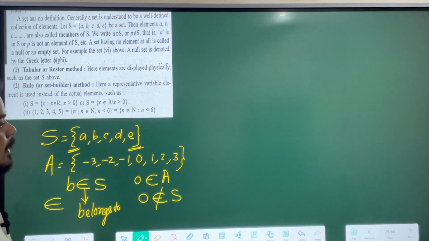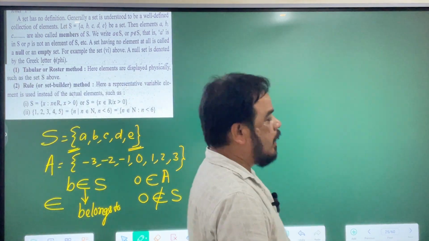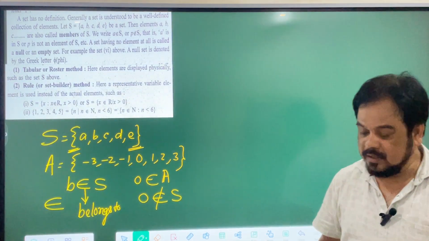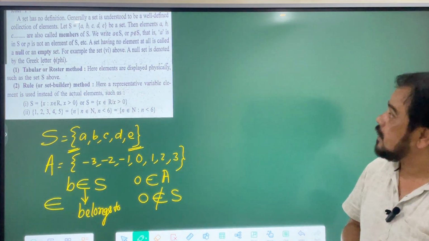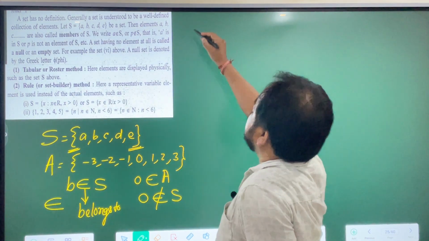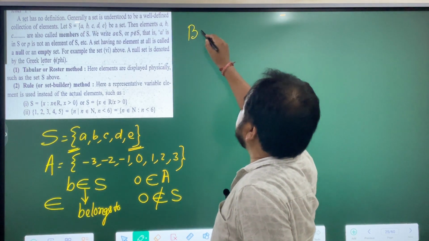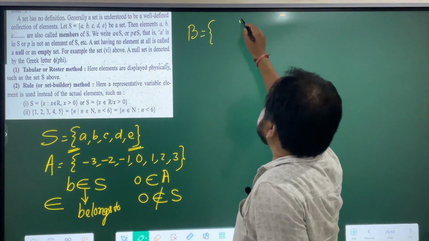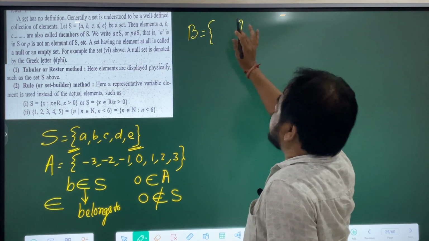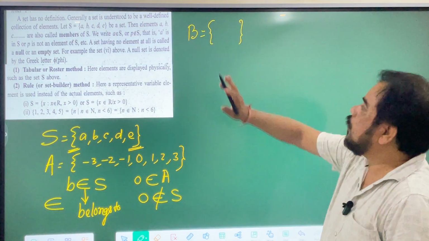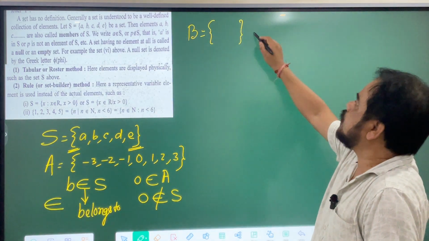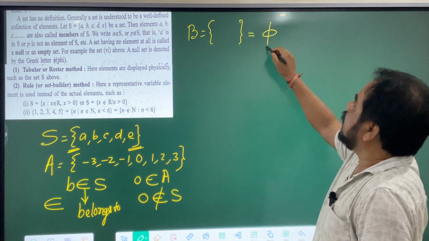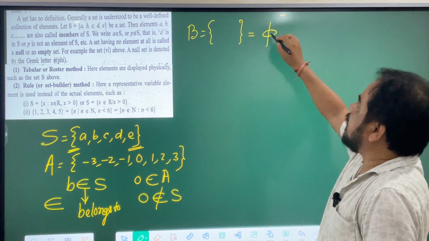Now, there are so many sets you will get in your life. In class 9, in class 10, you will go on getting so many sets. Now, a set which is blank. There is a set B. This is a set, but there are no elements. Empty set. That means no elements are there, which we express by this letter.